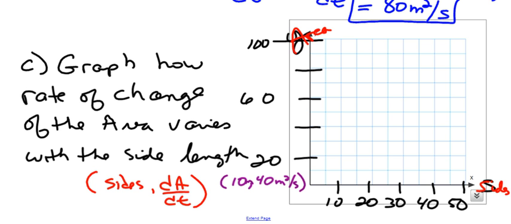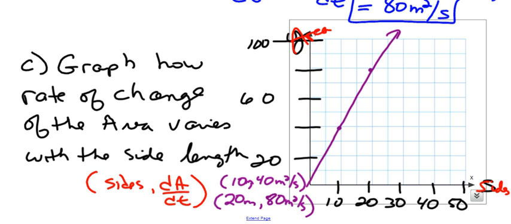And then my second point would be 20 meters for the side. My rate of change was 80 meters squared per second. And then we can go ahead and graph these points. I should have (10, 40) and (20, 80). It looks like this should be how I could graph the relationship of the rate of change of the area varying with the side length.